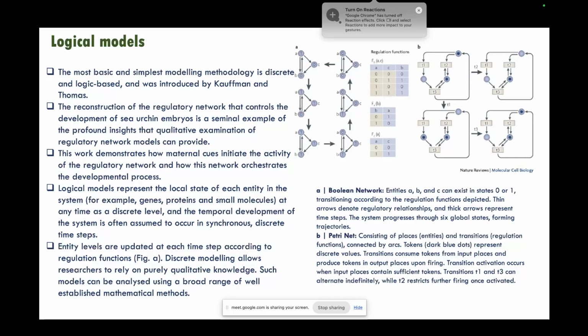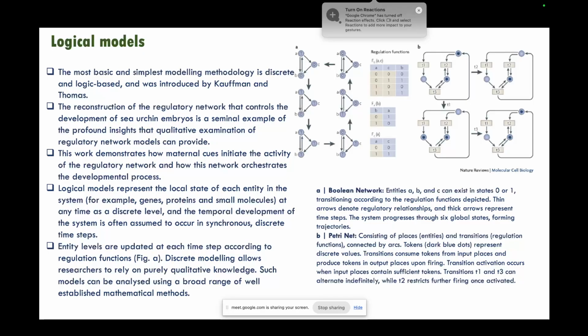These logical models represent the local state of each entity in the system, for example genes, proteins, and small molecules, at a discrete level, and the temporal development of the system is often assumed to occur in synchronous discrete time steps. So this is the assumption that goes into the Boolean or logical models.